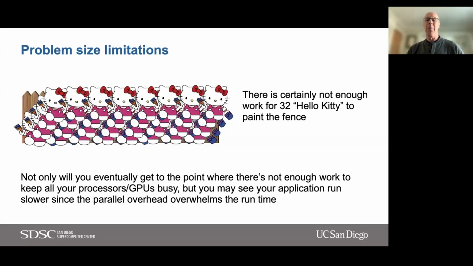But we get to the point where there's, say, 32 workers. There's just not enough fence to go around for those 32 workers to give you much speedup. Eventually, you'll get to the point where your code may actually run slower because you have all of this overhead involved with all of those processes and just not enough work to do.